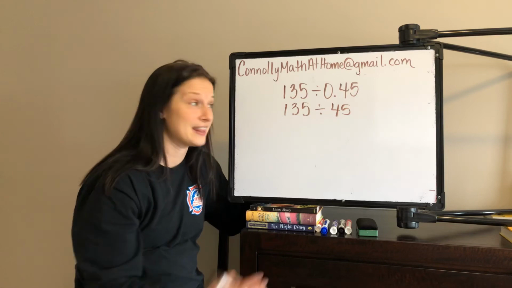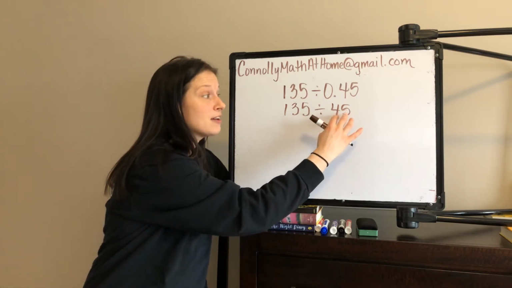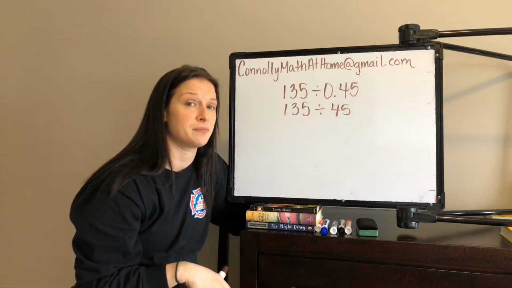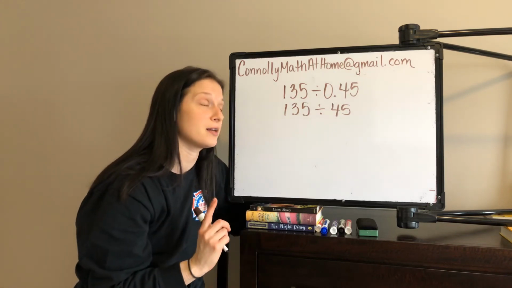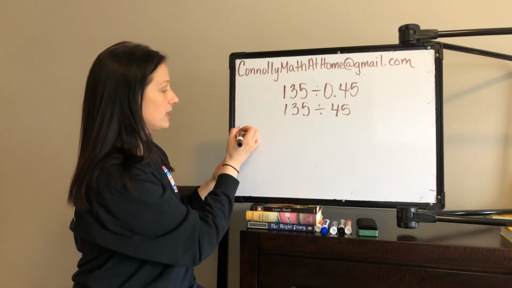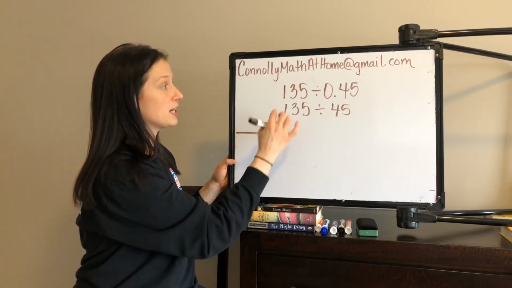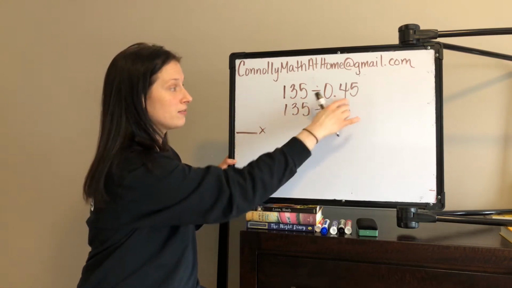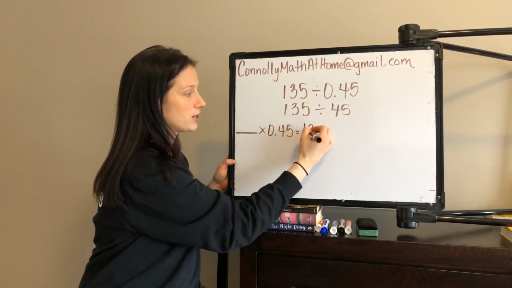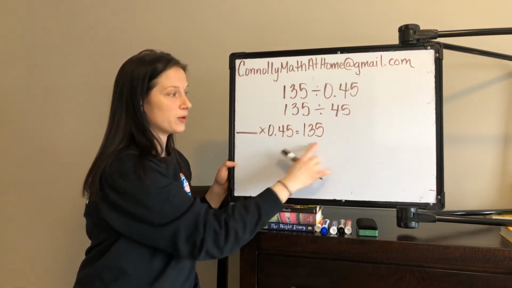Then we're going to have to think about what happened from here to here with our divisor. How many times smaller did it get? That's one way we're going to think about it. The next thing that we're going to be thinking about is writing and checking our multiplication. How many groups of 45 hundredths to make 135? So we're going to check in there.